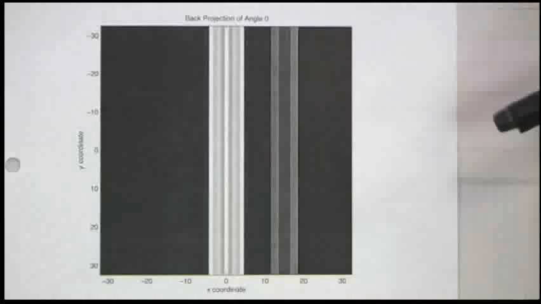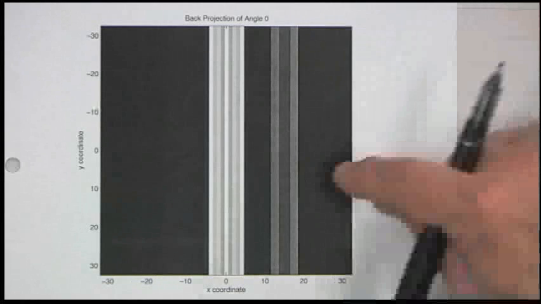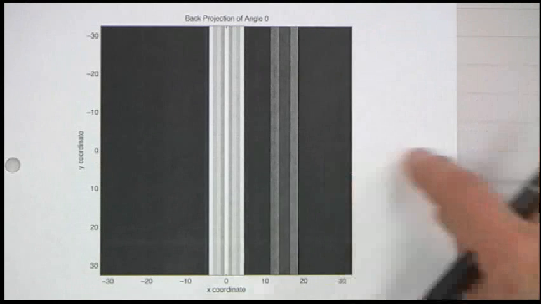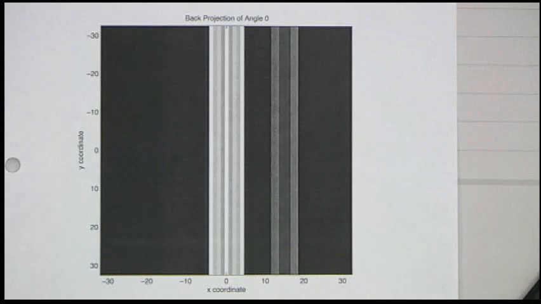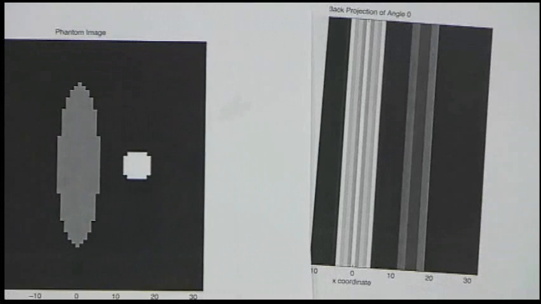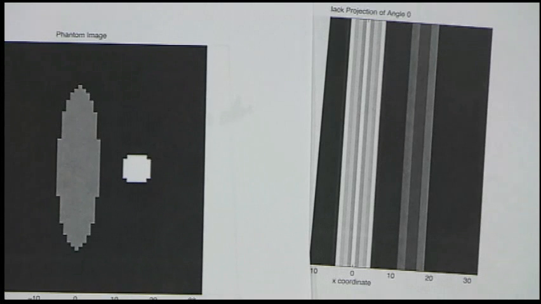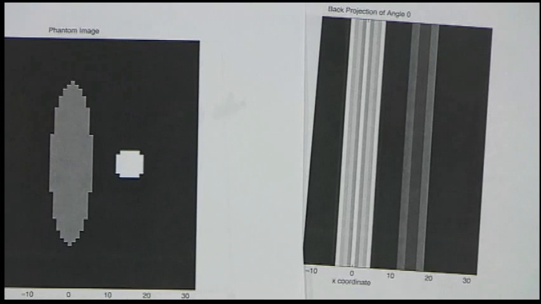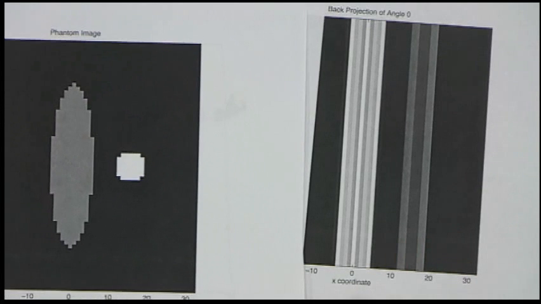Does it look like the original image? Do those look the same? Well, you could see where one might get it. That's a kind way of putting it. They really look quite different, but it's a start.